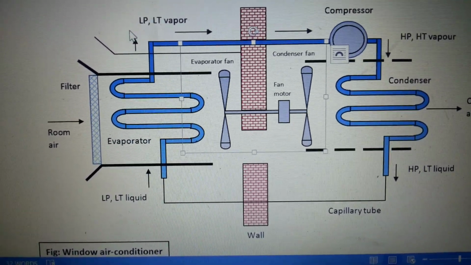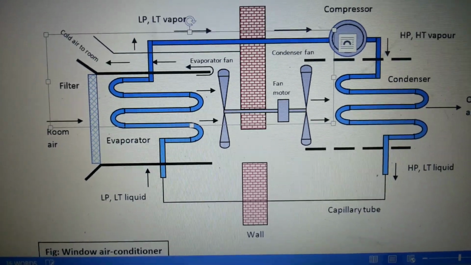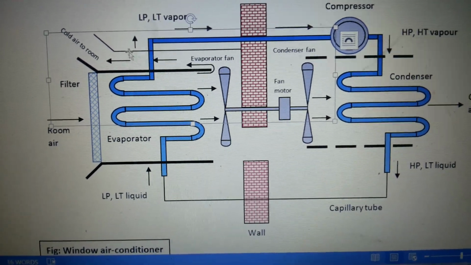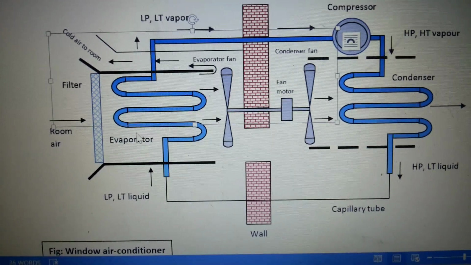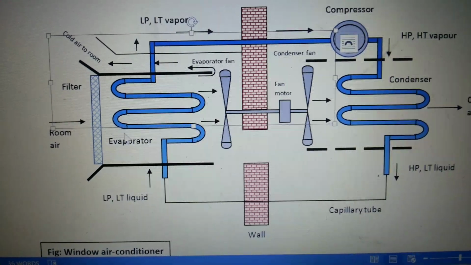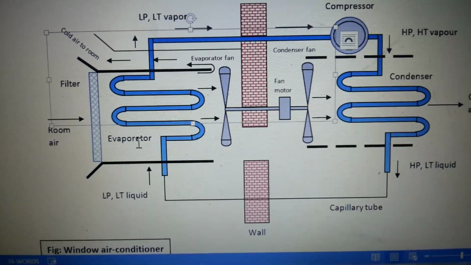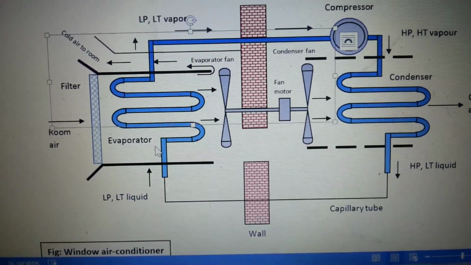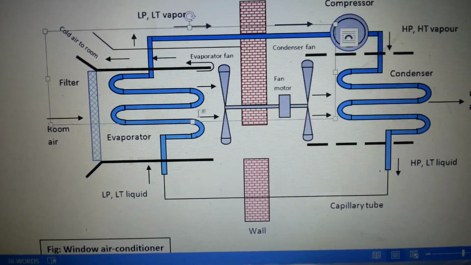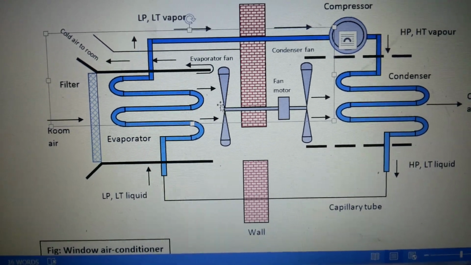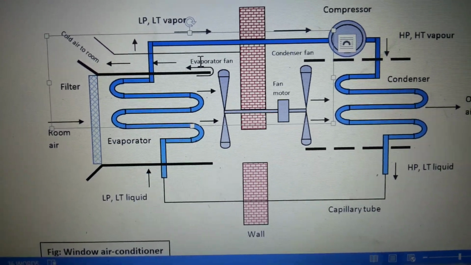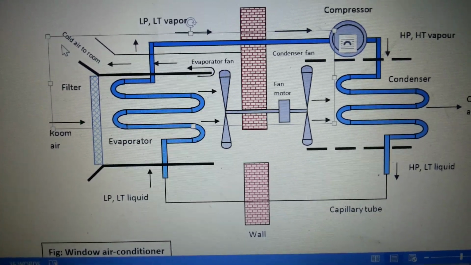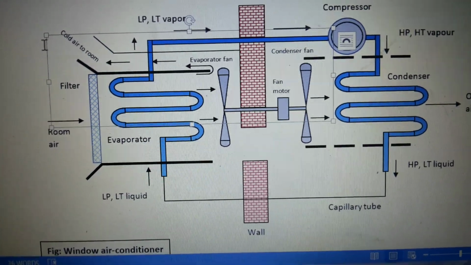In the next part we can see the travel of air further. The air coming from the room, after passing through the evaporator, has cooled as the refrigerant has taken the heat, and because of the evaporator fan, it travels here and the cold air goes to the room.